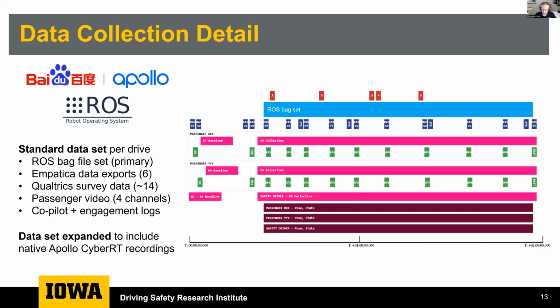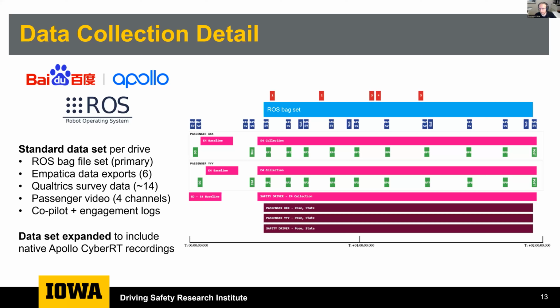Below that, the dark blue signifies the participant and research assistant logging. So that is all of the passengers' interactions with their devices that they were given for every drive, as well as the read-along research assistant. The light magenta under there is the Empatica recordings, including both the baseline recording before the drive as well as the study recording during the drive.